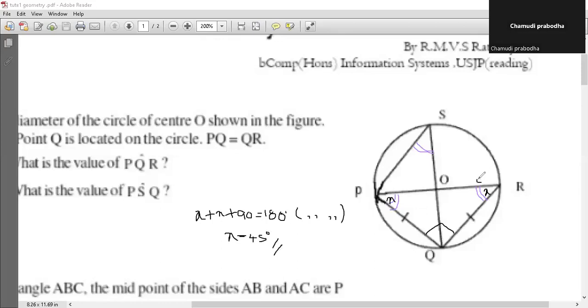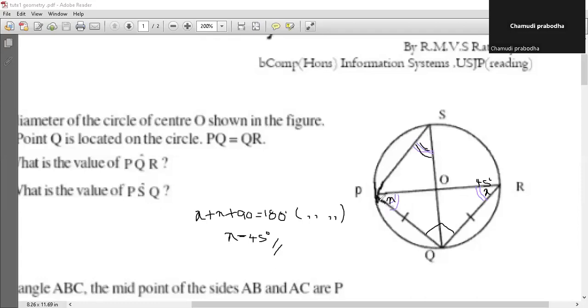Then there's another theorem. We can say that angle PSQ equals angle PRQ. Both of them are in the same segment. What is the segment?